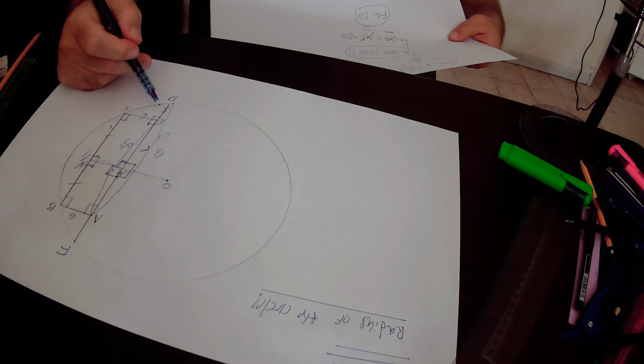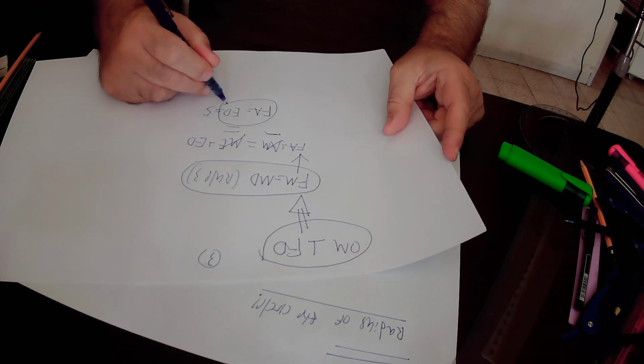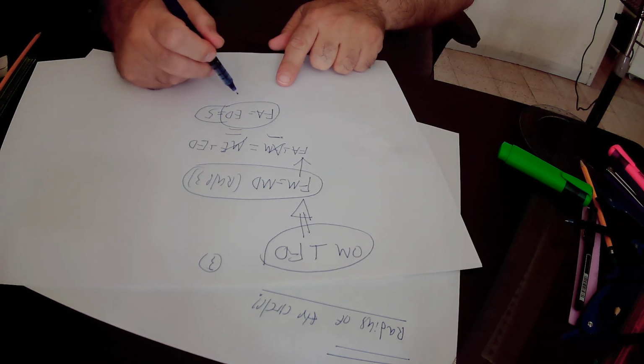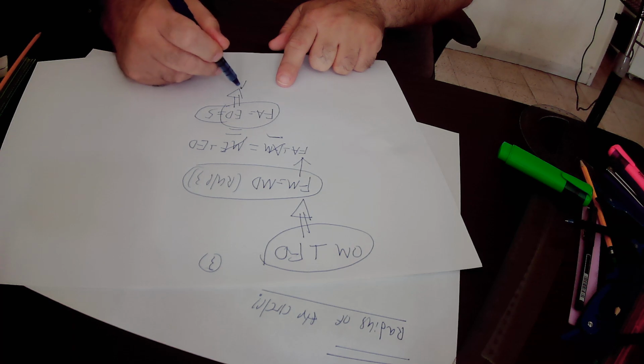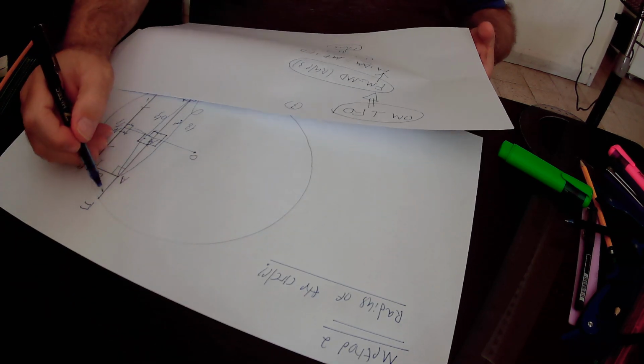But we have already found out that ED equals 5 units. So from this equation, FA equals ED equals 5, we derive that FA equals 5 units.